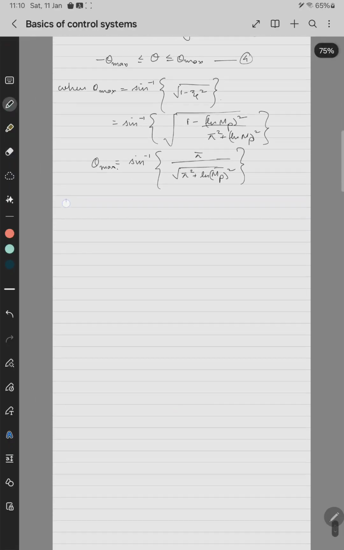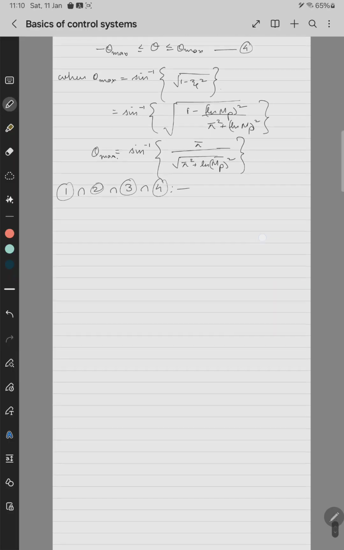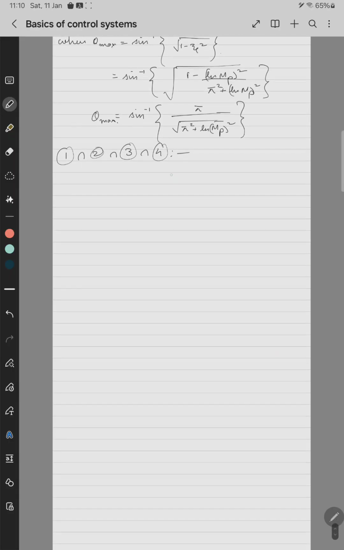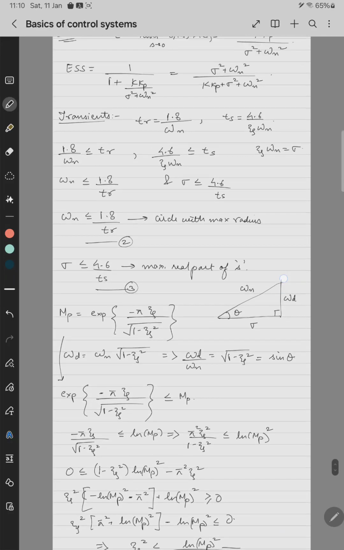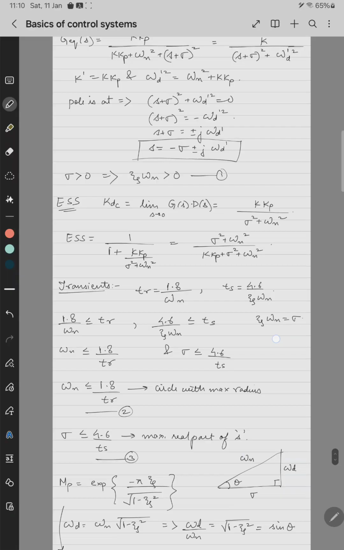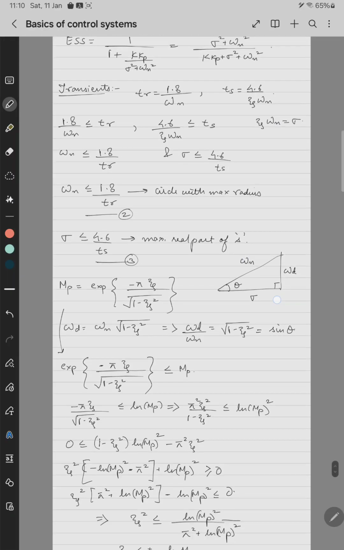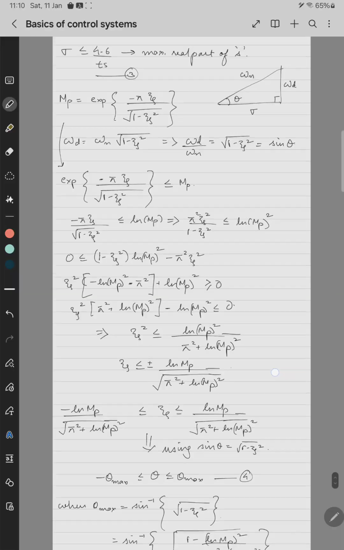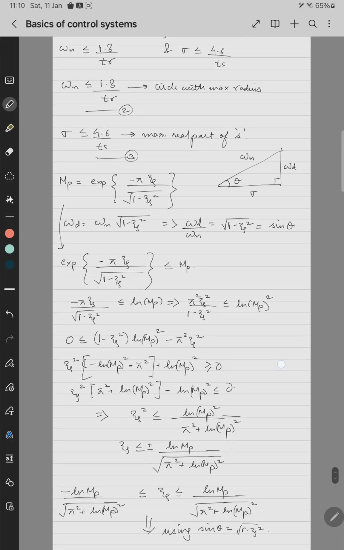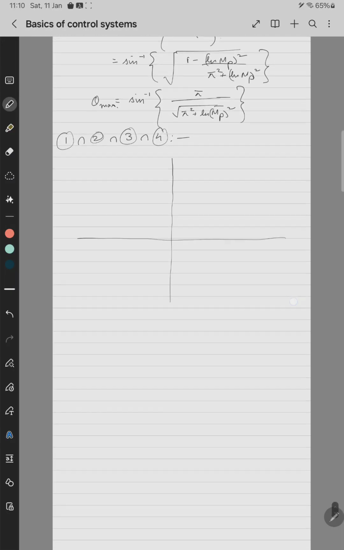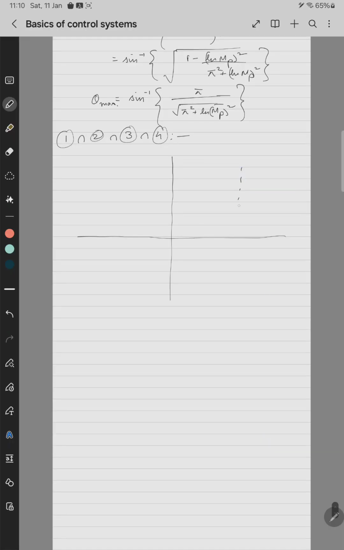So by doing intersection of 1, 2, 3 and 4, what we get is how to find Kp, using these equations. What does equation number 1 say? Sigma greater than 0. And what does equation number 3 say? Sigma, where is equation number 3? Yeah, sigma is less than 4.6 by ts.